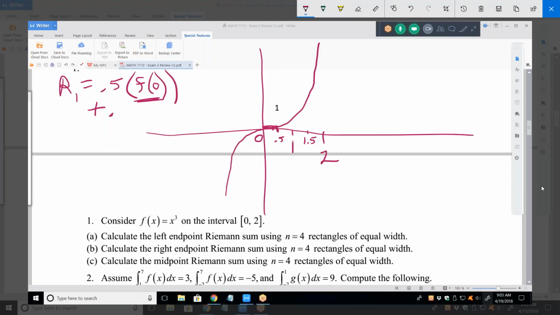It'd be 0.5 times just f of 0.5. That's really the way I recommend you do these. Don't fill in that number yet because it kind of destroys the pattern. Once you set up the pattern, you can figure out what the rest of it's going to be.